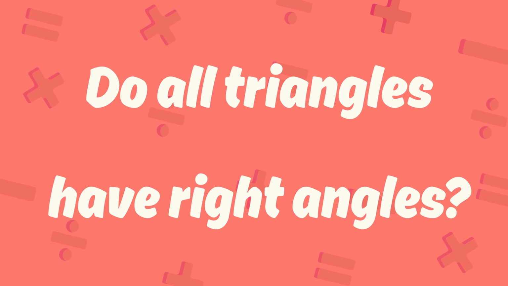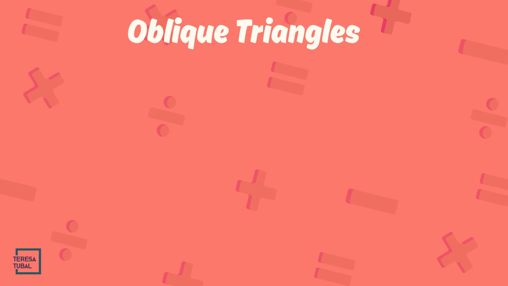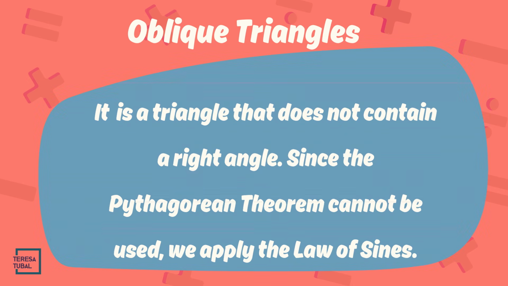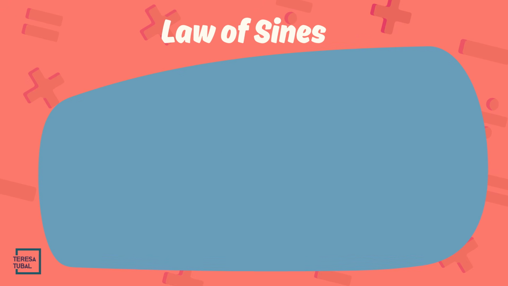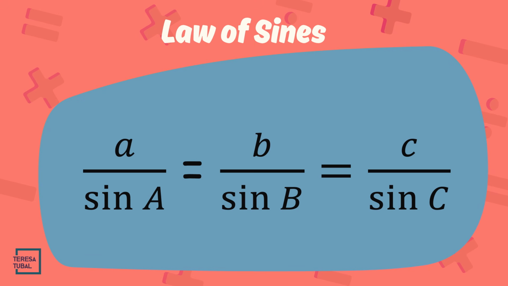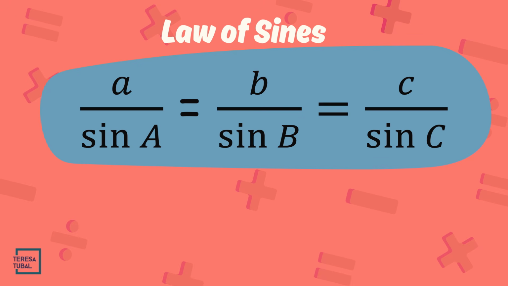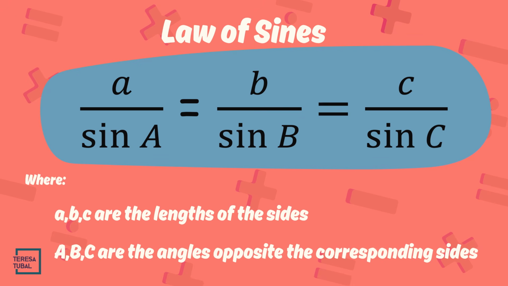Do all triangles have right angles? Oblique triangles are triangles that do not contain a right angle. In the law of sines, the formula is a over sine A is equal to b over sine B is equal to c over sine C, where a, b, c are the lengths of the sides, and angles A, B, and C are the angles opposite the corresponding sides.